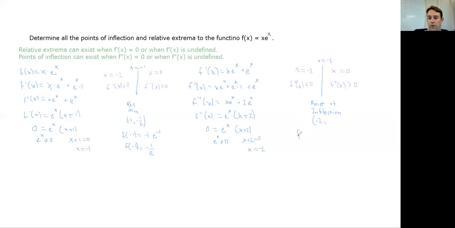So we plug it in here. F of -2 equals -2 e to the -2. So we have -2 over e squared. So that's my point of inflection.